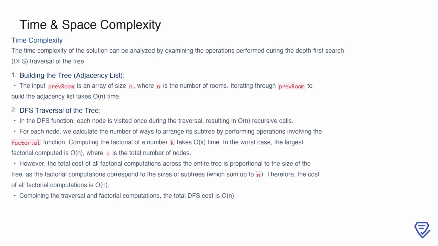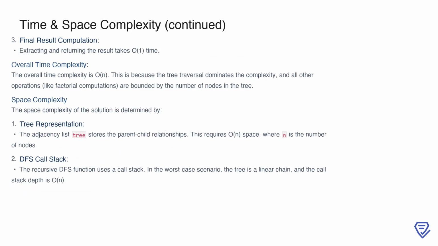Therefore, the total cost of the DFS traversal, including factorial computations, is O(n). After completing the DFS traversal, extracting and returning the final result takes constant time, or O(1). When we combine all these components, the overall time complexity of the solution is O(n), as the DFS traversal dominates the complexity, and all other operations are bounded by the size of the tree.